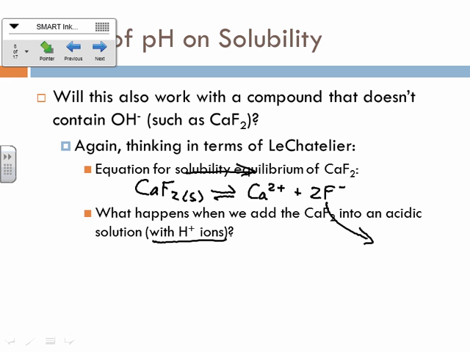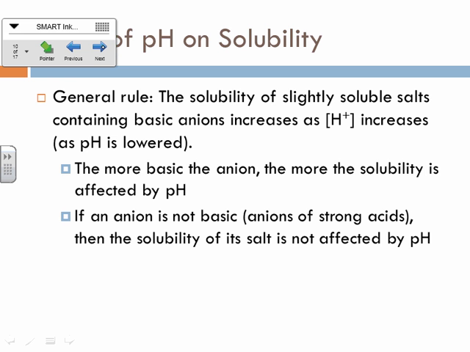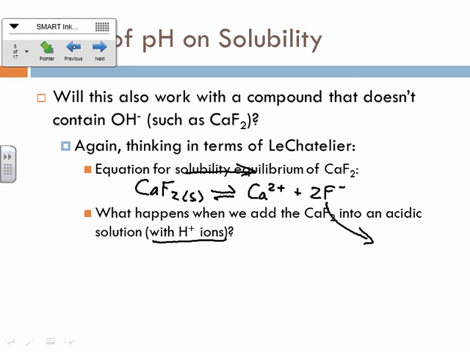Now, what if I had something like, do I have an example of this? No, I don't. Okay, so let's talk about this. What if I had calcium chloride? Would putting that in acidic solution increase the solubility?